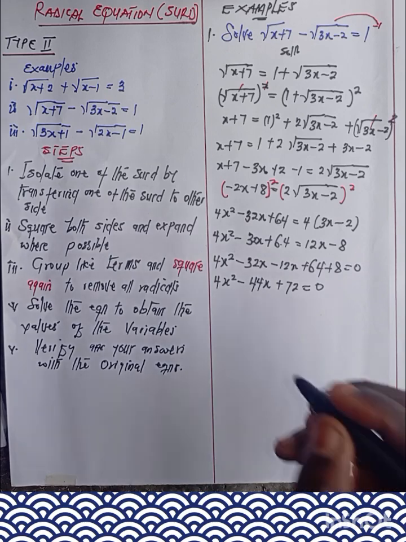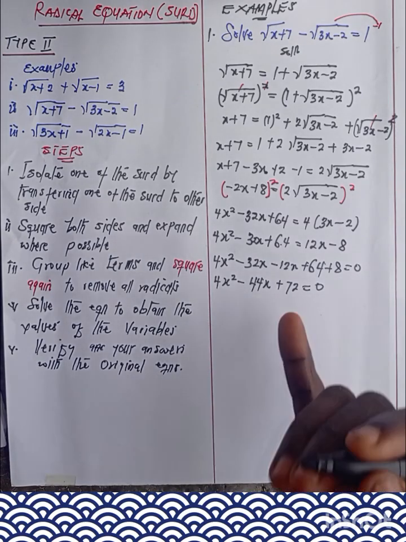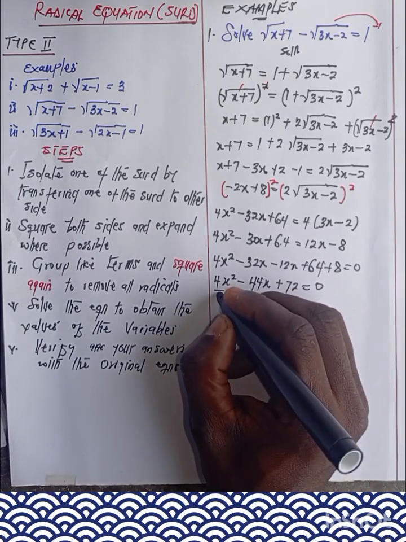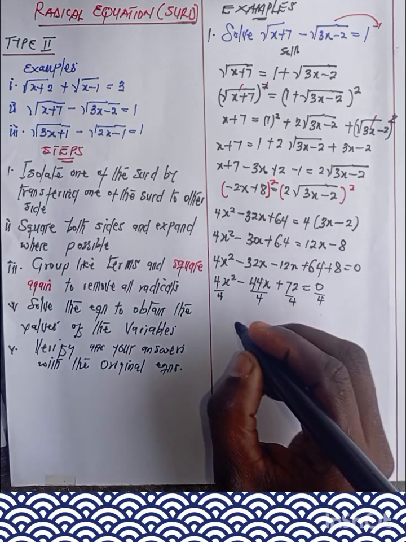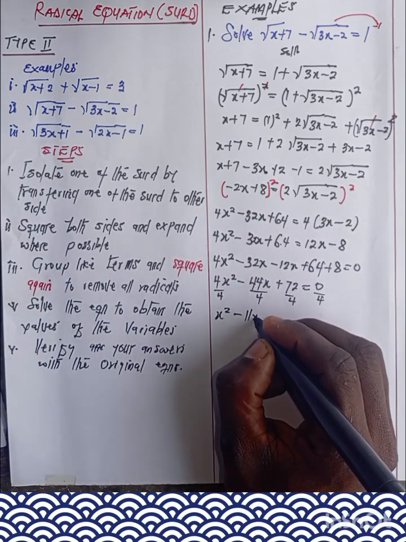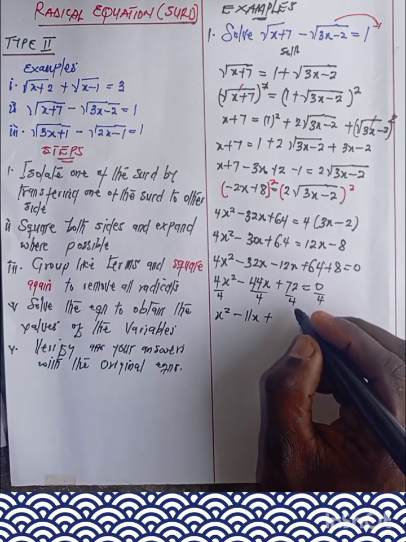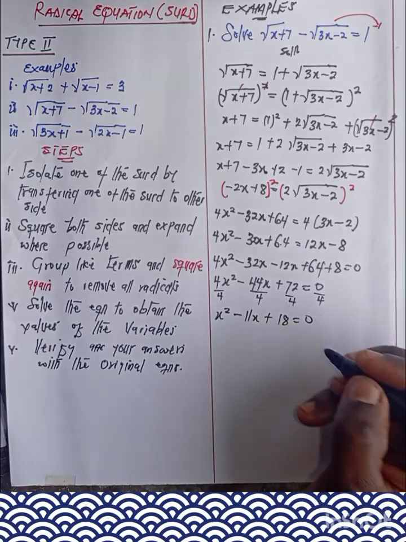Now let's divide through by 4, so that we can get a reduced form of the quadratic equation. We are getting x squared minus 11x plus 72 divided by 4, we are getting 18, is equal to 0.